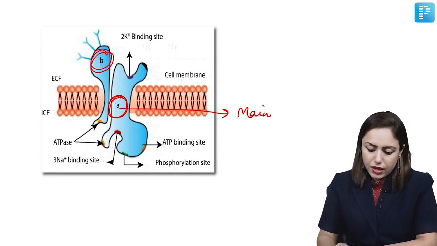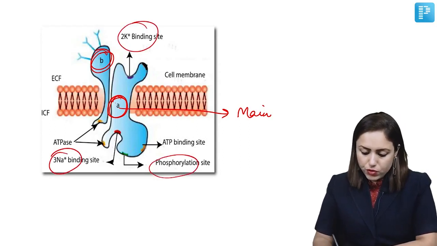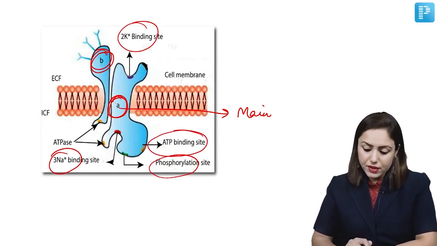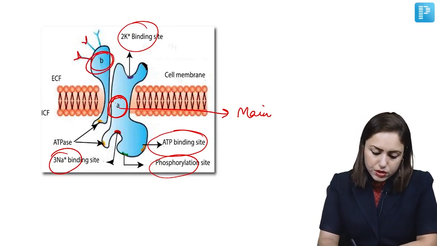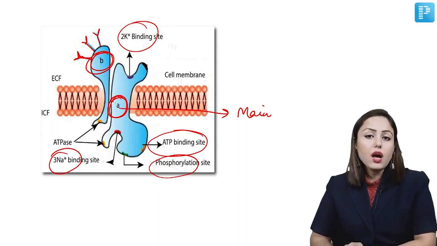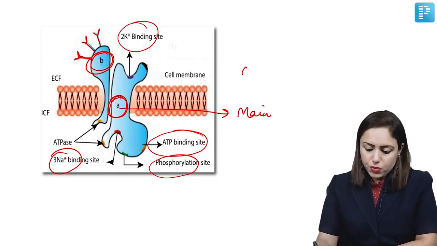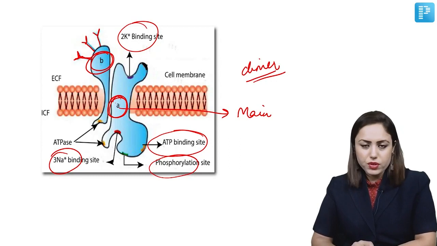Then this alpha portion has sodium binding site, potassium binding site, phosphorylation site, ATP binding sites. Most of the binding sites are on alpha subunit, and beta subunit has glycosylation sites on it. Glycosylation sites towards the outside of the membrane, right? And so this protein, we have seen it is a dimer made up of alpha and beta subunit.